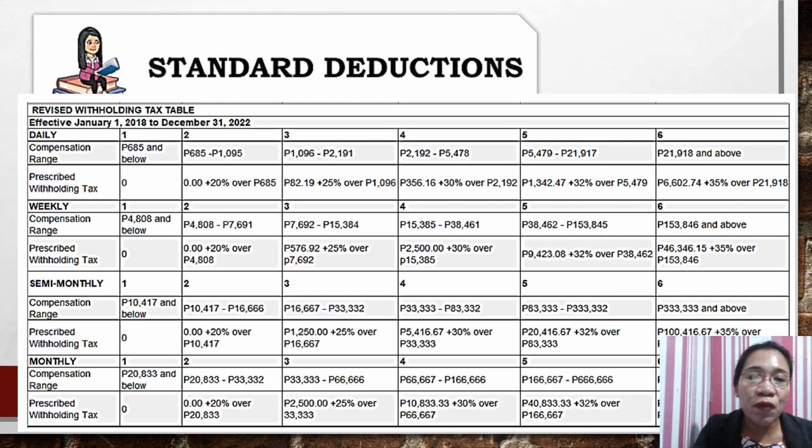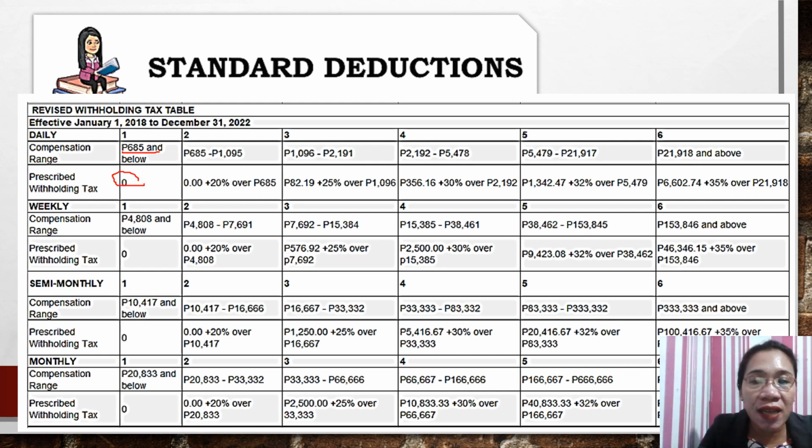Okay. So for daily wage earner, there is a range here by which you are going to follow for you to know your prescribed withholding tax. So for 685, let us have a pointer here. Here, for example, 685 and below, zero withholding tax.